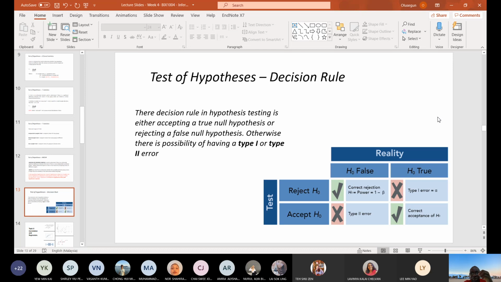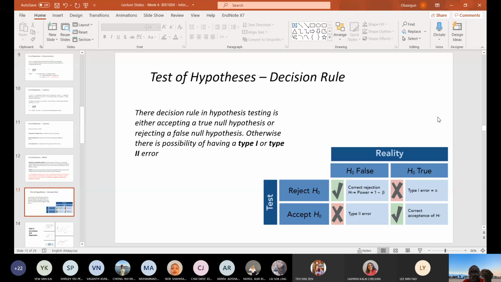We all know that an underage will not be allowed to drive, correct? Let's assume that that's our statement. Underage will not be allowed to drive in Malaysia. That is true, because when you are not up to a certain age, you will not be allowed to drive.